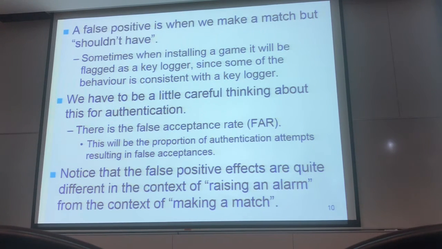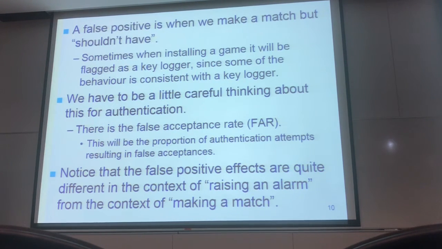But in intrusion detection or antivirus systems, the user will be aware of false positive. That means when there is no intrusion or no malware, but the intrusion detection or anti-malware system gives an alarm, then we will be aware of this kind of false positive.